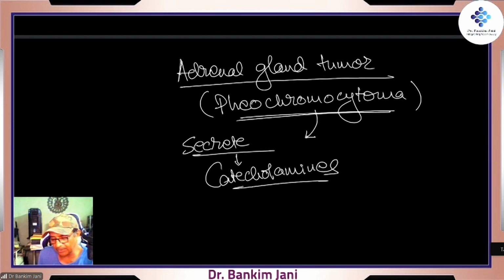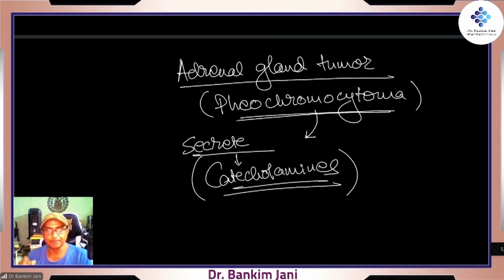When we started the topic, we discussed that if someone keeps on stimulating the sympathetic system, that will also lead to an increase in blood pressure. This is what it is. The catecholamines, that means adrenaline, noradrenaline, dopamine, right? So all those things are released by this. They are catecholamines: adrenaline, epinephrine, norepinephrine, noradrenaline.